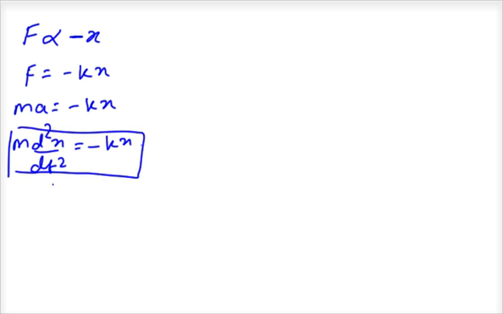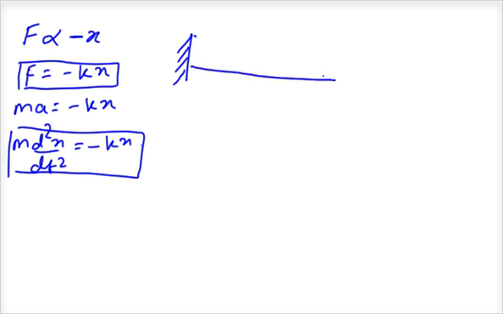Okay, now before we move ahead, let us look at some cases where such a situation arises, so that will give us a basic understanding of what is simple harmonic motion. Now suppose I have a spring. A spring has a spring constant of k, and it has a mass m attached to it.